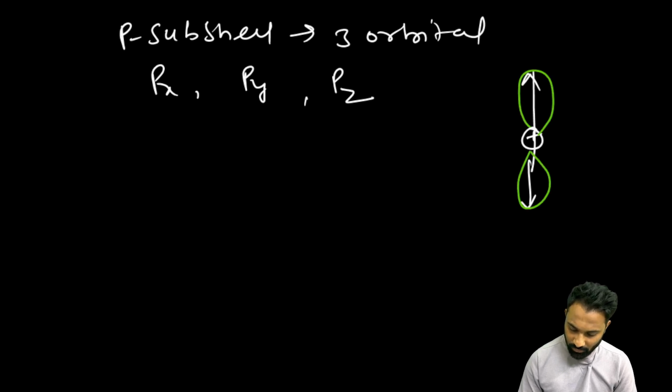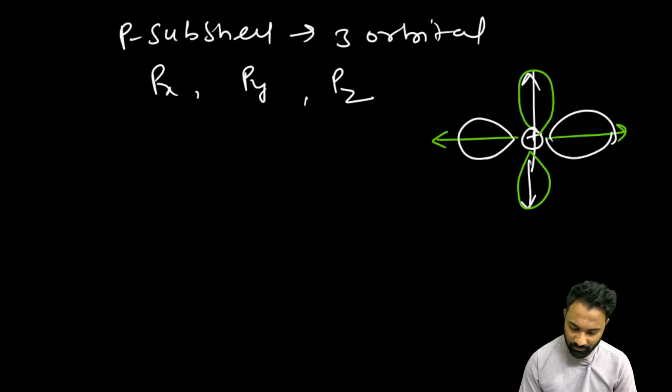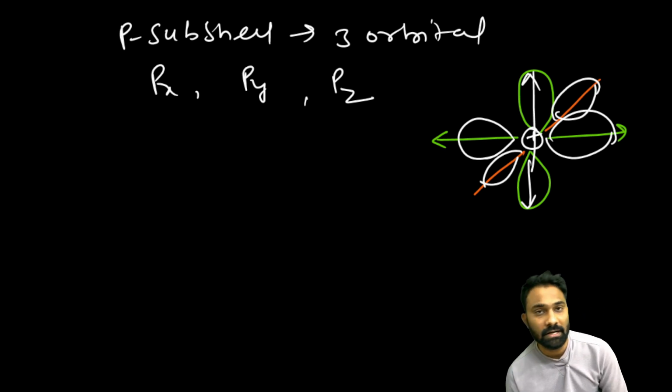Done. Now for the pz orbital, the px orbital is perpendicular. This is a px orbital. Then the py orbital is also perpendicular to the other two p orbitals. Means all the p orbitals are perpendicular to each other.